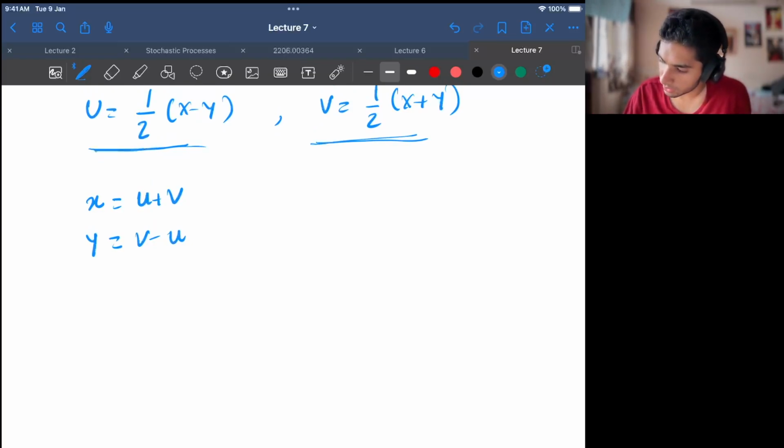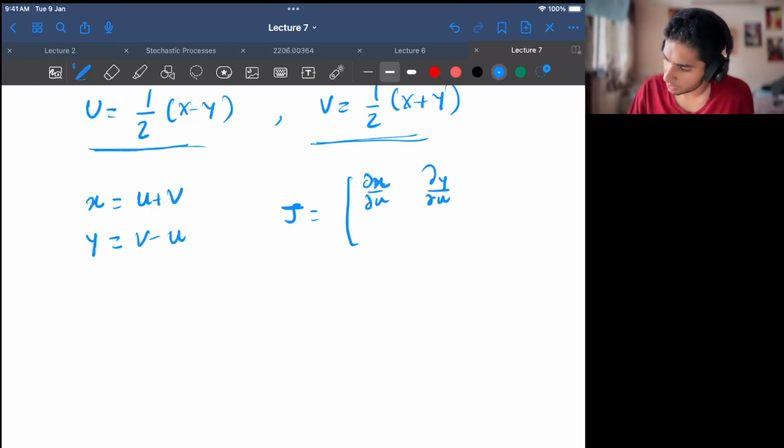If that is the case, what is your Jacobian matrix? The Jacobian matrix is del x by del u, del y by del u, del x by del v, del y by del v.